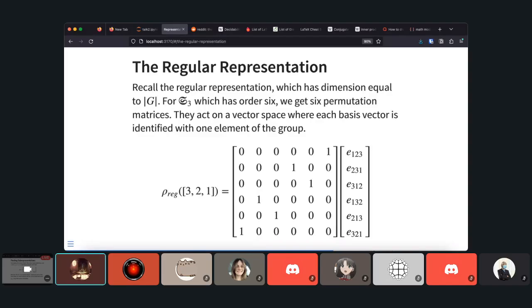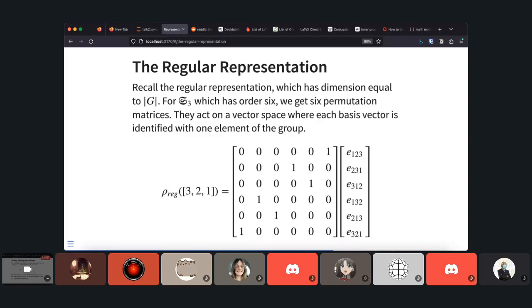And that's because, something else I mentioned, if you think about how 3-2-1 acts on every other element of the group, if you translate the entire group by 3-2-1, it sends the identity to itself. But there's no other element that goes to itself when translated by 3-2-1. 3-2-1 changes every single element of the group.